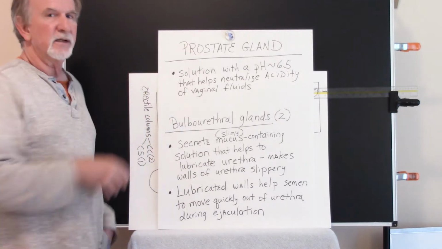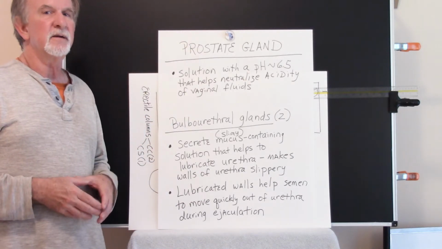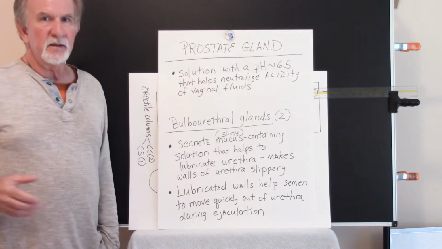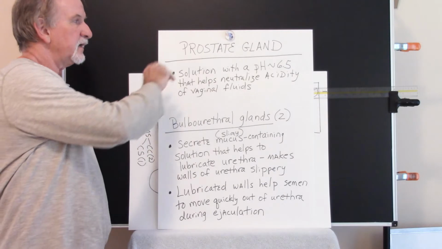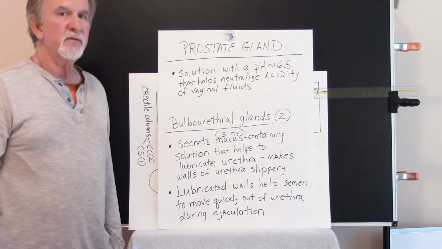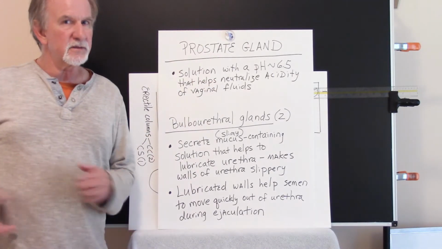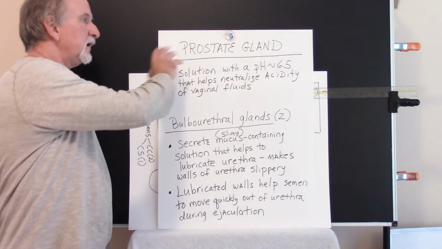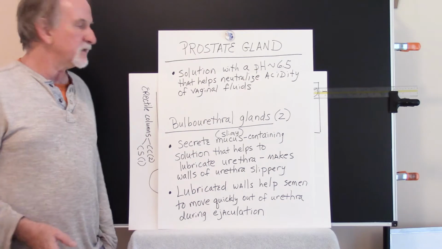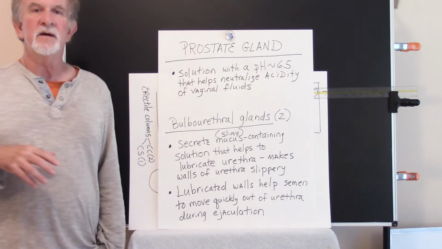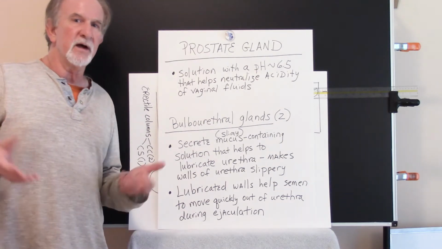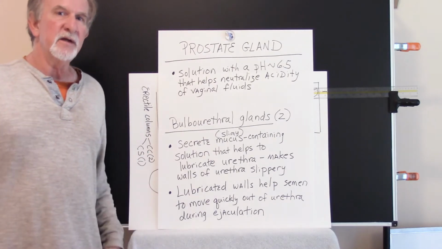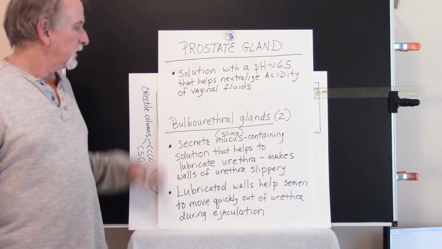So the prostate gland is found beneath the urinary bladder. And the prostate gland solution has a pH of 6.5, which is significantly higher than the pH of the vaginal fluids. And so it too helps to neutralize the acidity of the fluids found in the vagina when semen is ejaculated into the vagina during sexual intercourse.